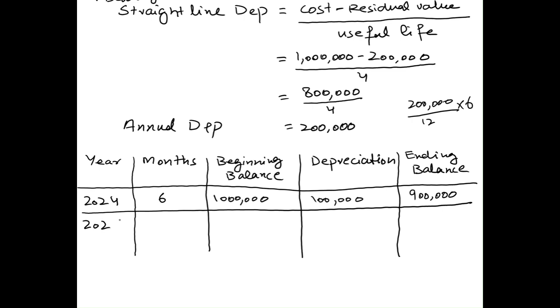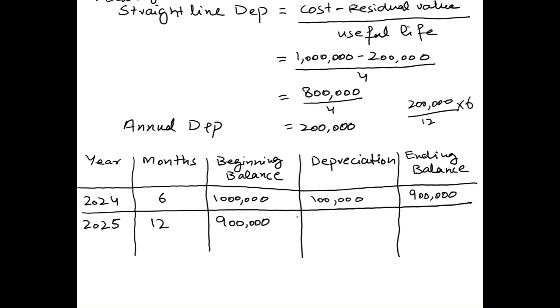We are on to fiscal year 2025. For this fiscal year, that will be the full year, so full 12 months. Now the last year's ending balance becomes the beginning balance for this year.